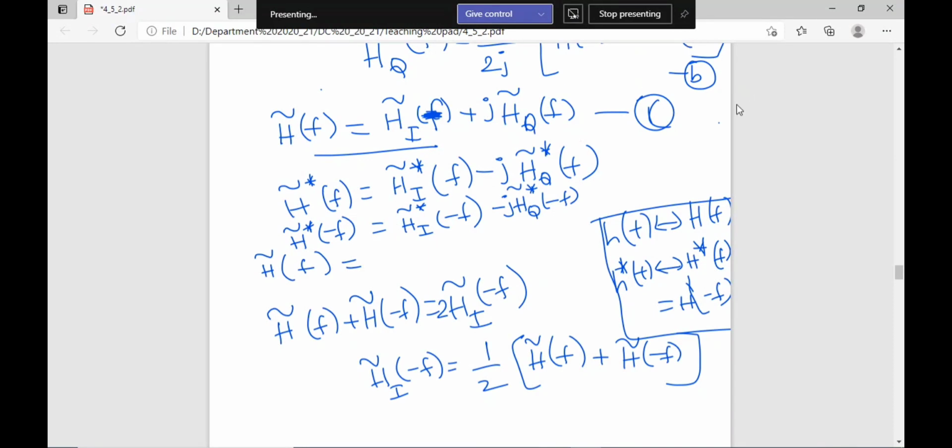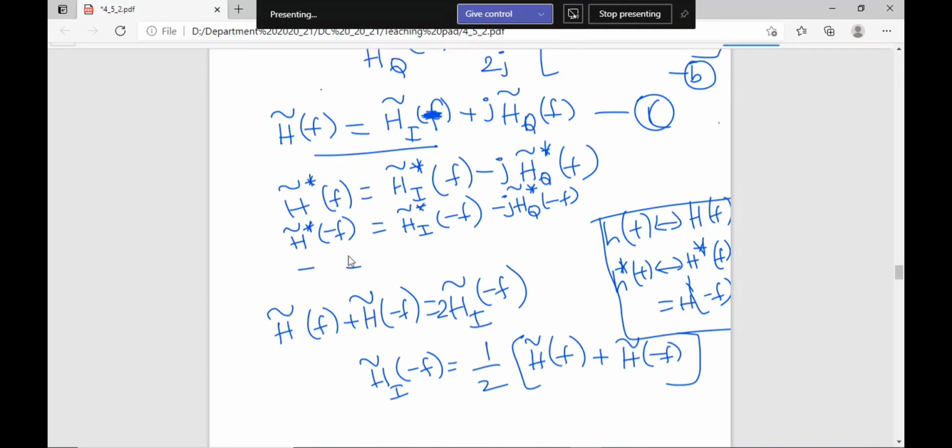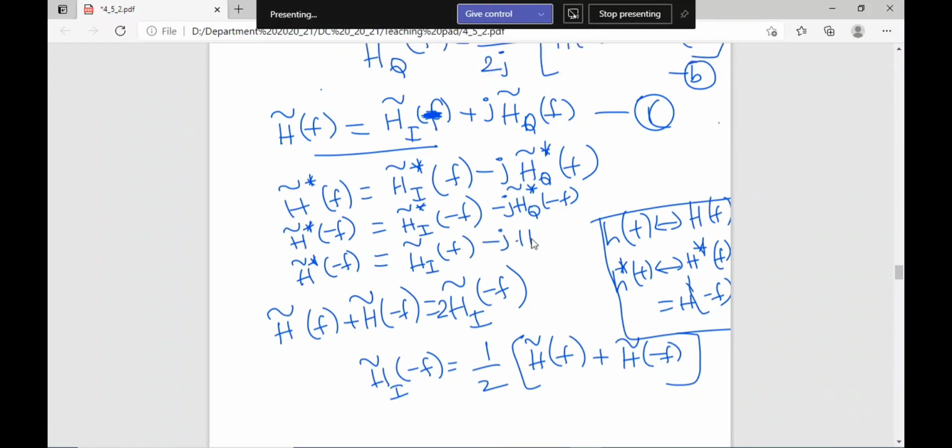Okay, I will not eliminate the left hand side. Let it be in the same way. Here it will be f hq plus f.